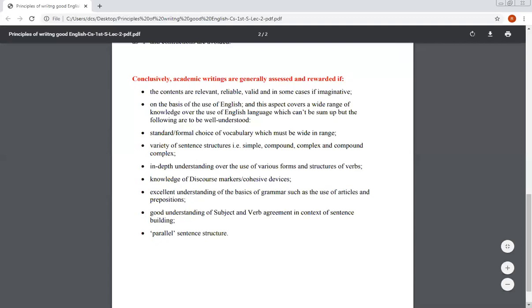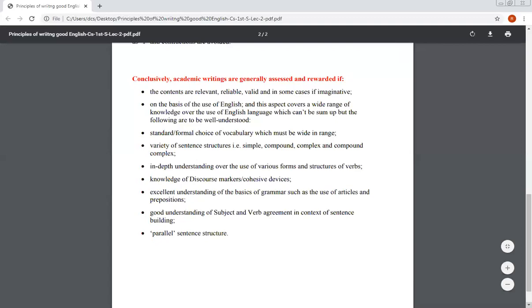Then there come regular verbs and their forms. Then there are irregular ones. Then there are modal auxiliary ones. So you must have a proper orientation of all of them, and you must know the forms of those verbs. You must know in what situation, in what time, which verb or form of the verb is to be applied.